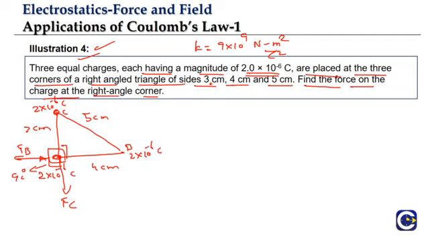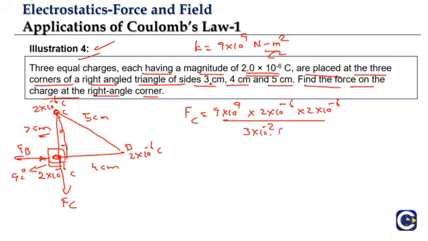So here force because of the charge at corner C, K into, which is 9 into 10 power 9, we are having everything in the SI unit. 2 into 10 power minus 6 Q1, 2 into 10 power minus 6 divided by distance between these two is 3 cm. So we'll have 3 into 10 power minus 2 the whole square.